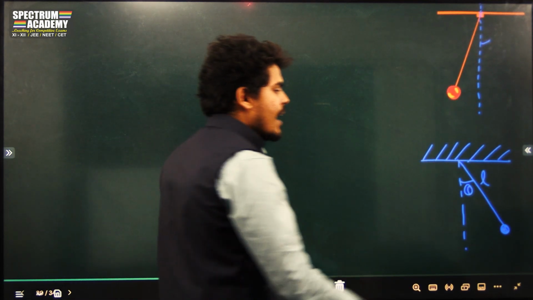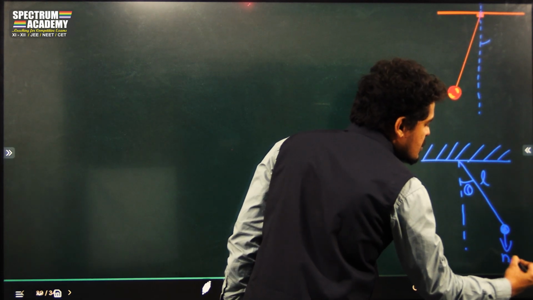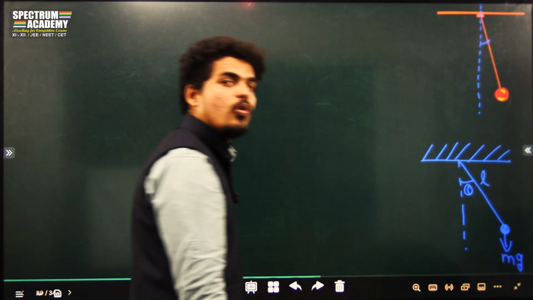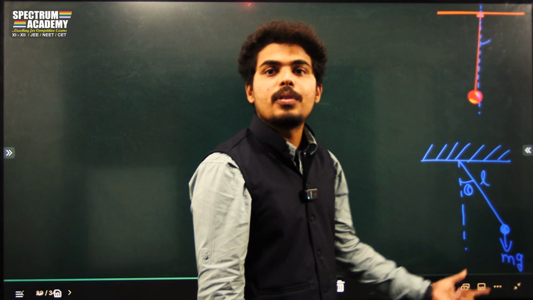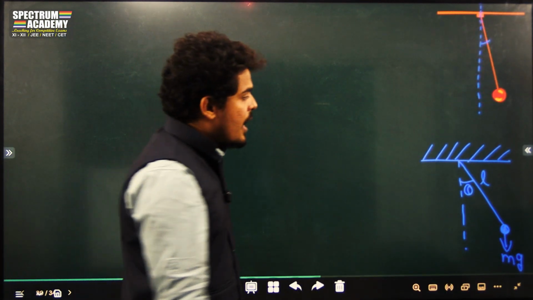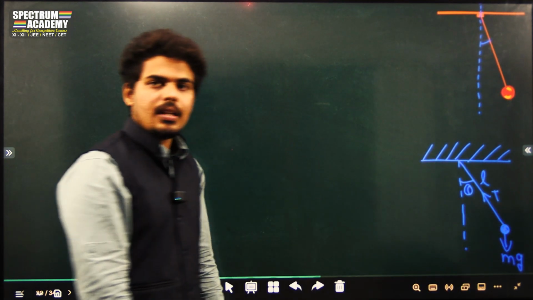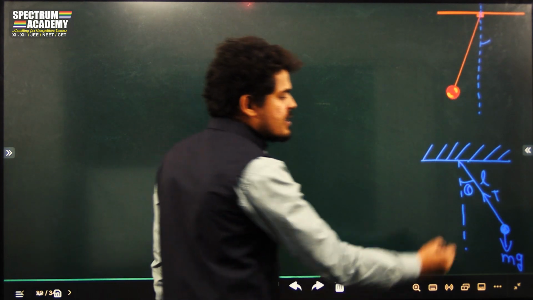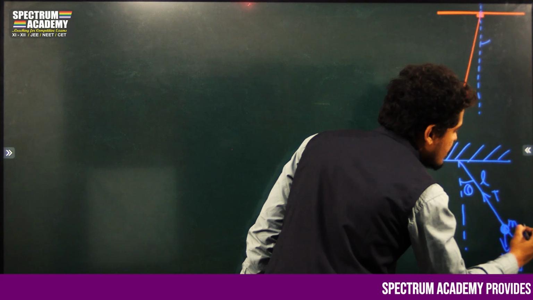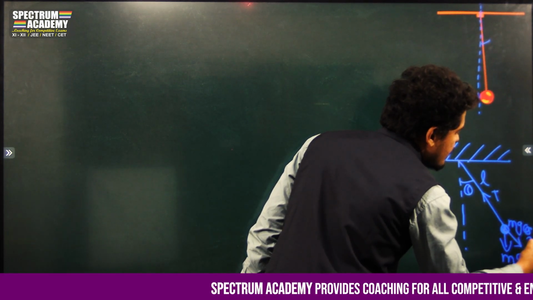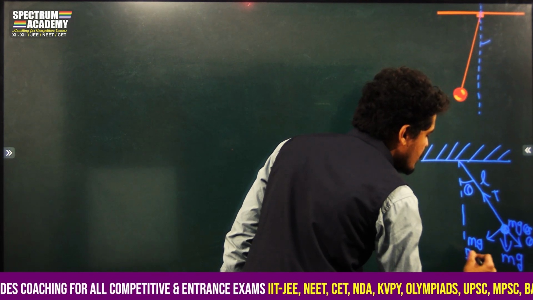Then you can see that the forces acting on the bob are, first, the gravitational force acting vertically downward, of magnitude m into g. In the string, the force tension acts there, right? We can split this mg into two components. The first component here is mg cos theta and the second component here is mg sin theta.